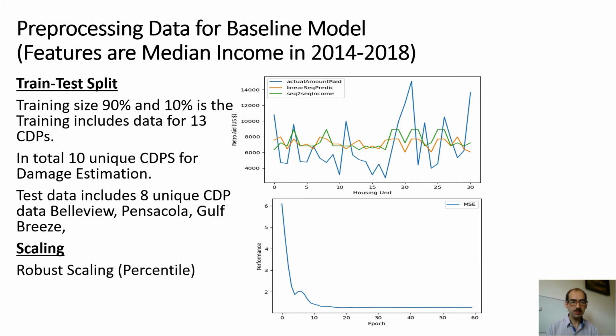In order to make a prediction for a given sequence of events, in this case I gave five years of income data to predict the retrofit amount.